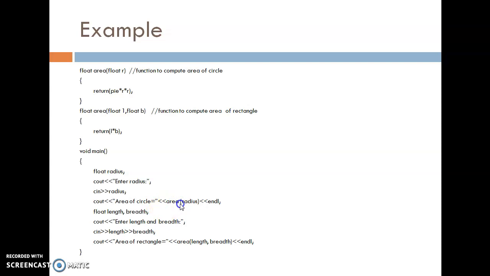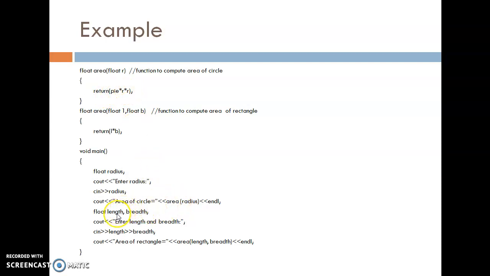When this function area is called with radius, at that time there is only a single argument. So the first one is going to be called. Okay. So the compiler passes here and returns pi r square. Whatever value is there, it will display over here.